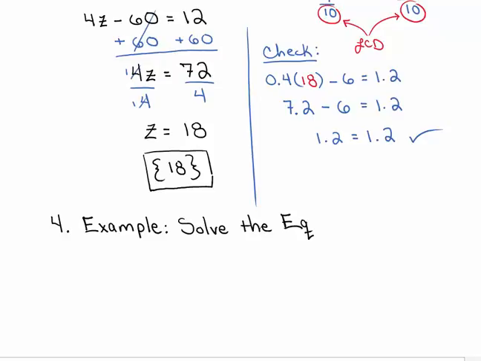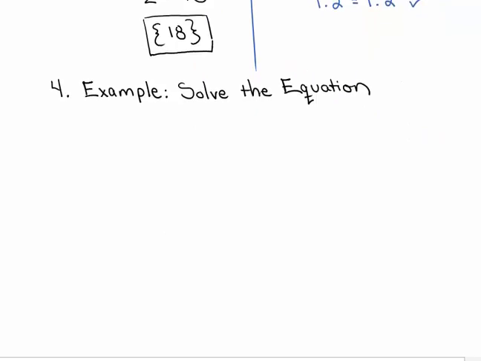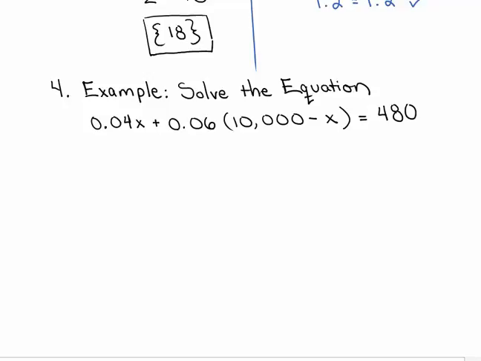So we're going to solve the equation 0.04x plus 0.06 times the quantity 10,000 minus x, close the parentheses, equals 480.